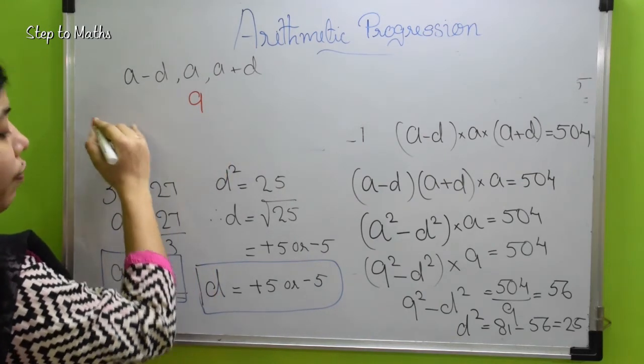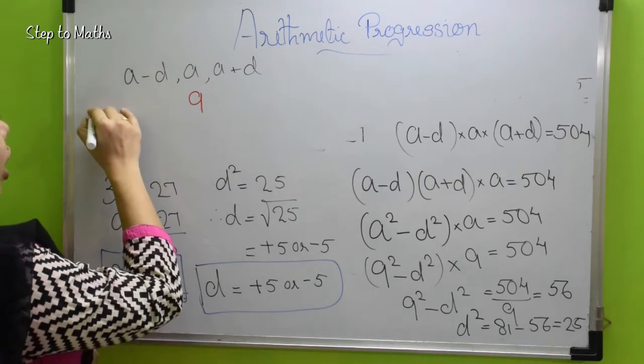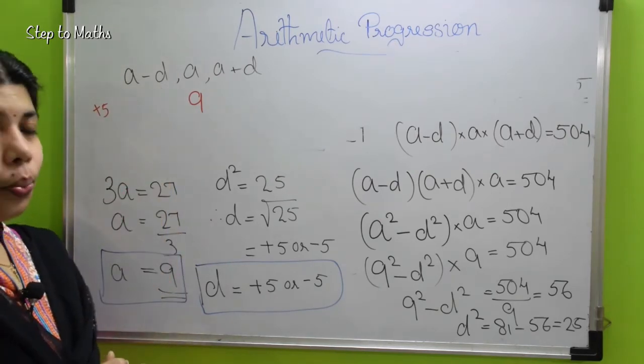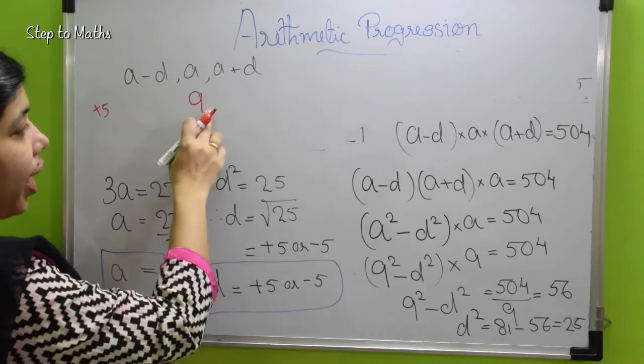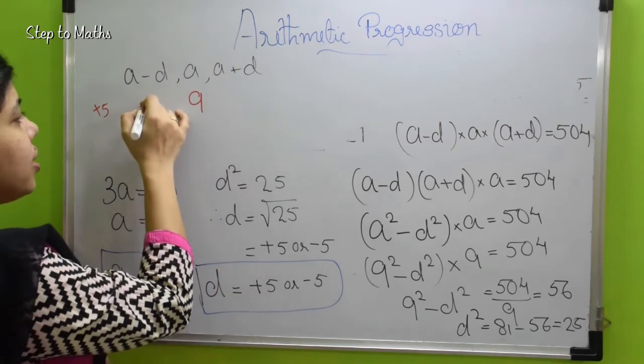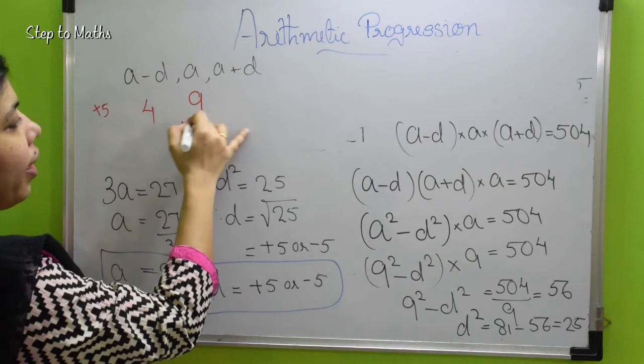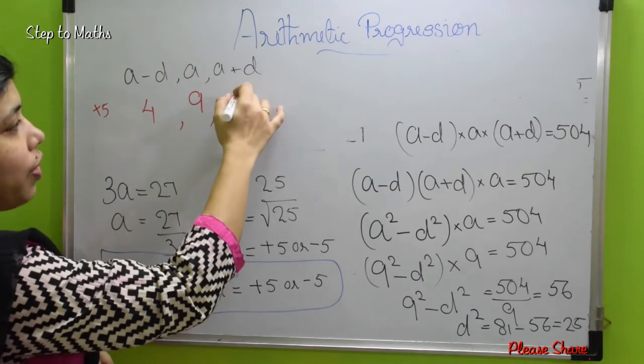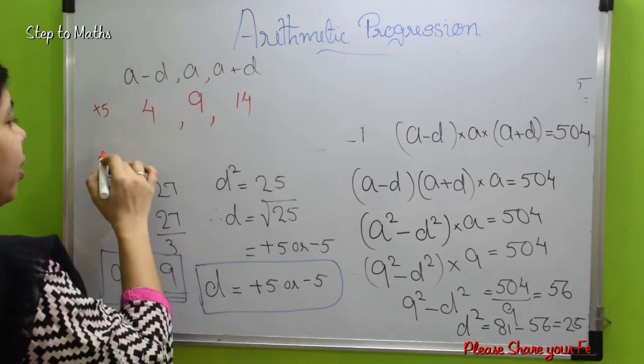If the value of D is positive 5, A minus D is 9 minus 5, that is 4, and A plus D is 9 plus 5, that is 14.